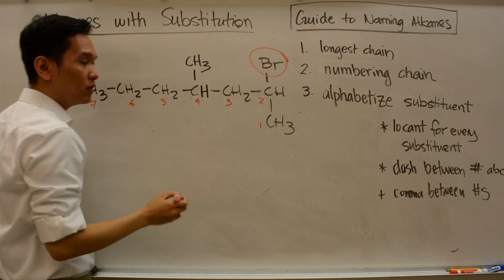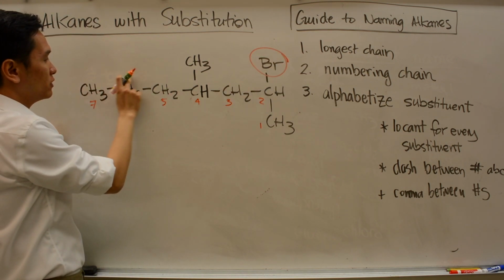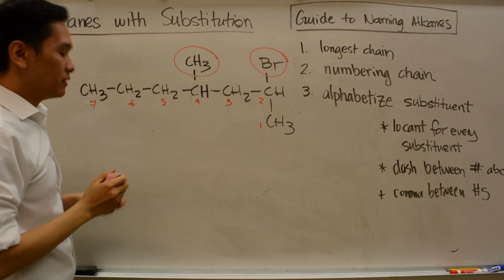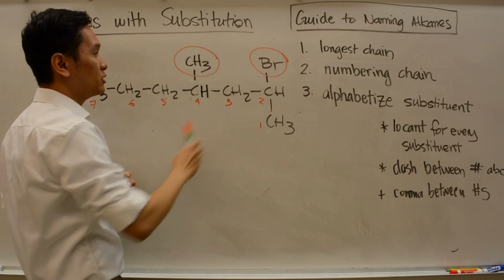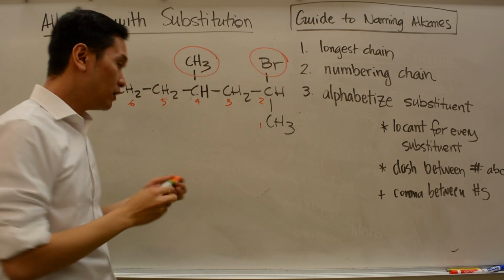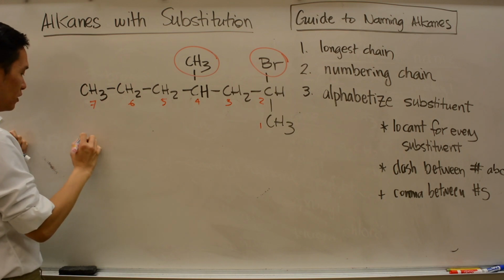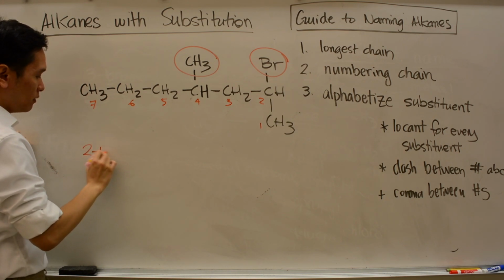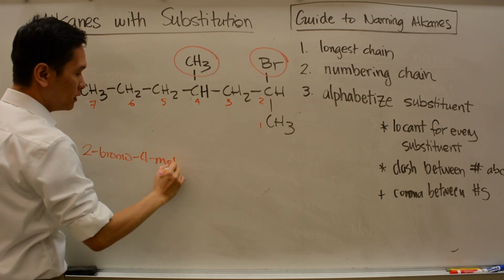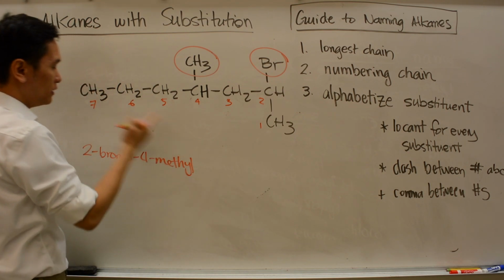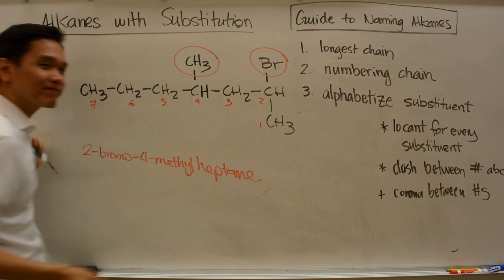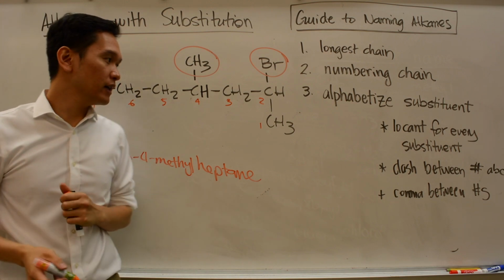Our first one is bromo, whereas if you see it from here, it's 1, 2, 3, 4 before you see this methyl group. Right? So now we have to alphabetize the substituents. Bromo versus methyl, which one wins? First is bromo, so we say the locant for bromo is 2-bromo-4-methyl, 7 is heptane. Okay, so that's our answer.